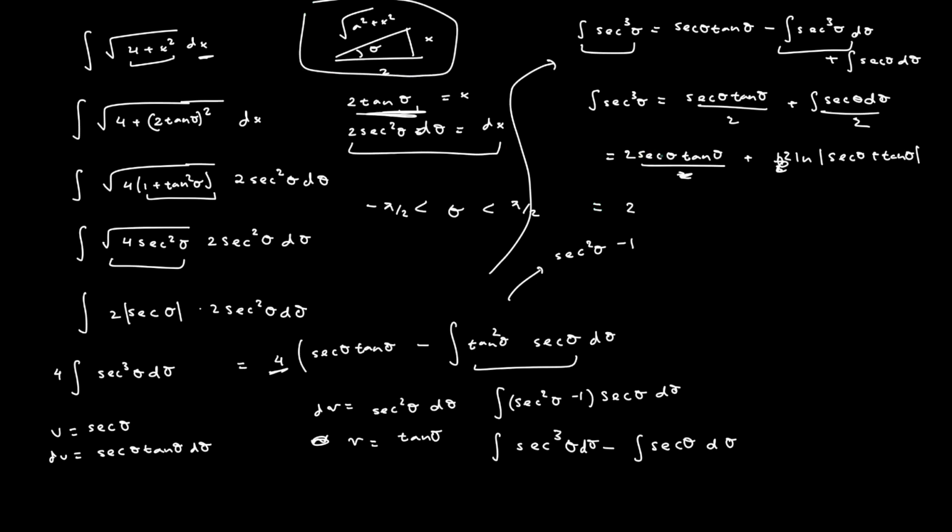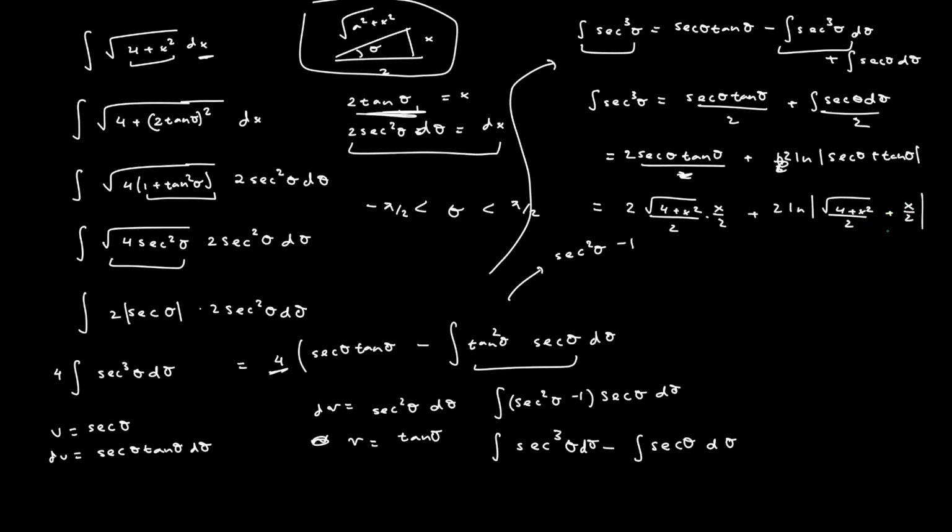So secant theta is simply hypotenuse over adjacent, and our hypotenuse is just the square root of 4 plus x squared, divided by 2. Then tangent theta is simply x divided by 2, and then over here we have 2 times ln of secant theta, which is again the square root of 4 plus x squared divided by 2, plus the tangent theta, which is x over 2.